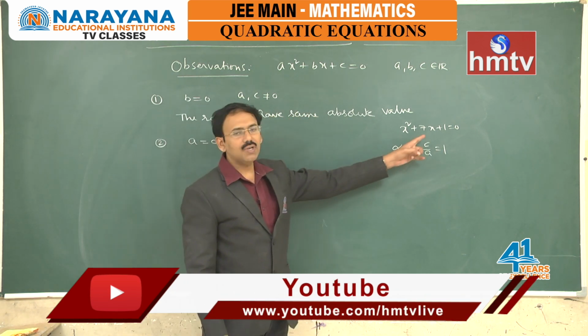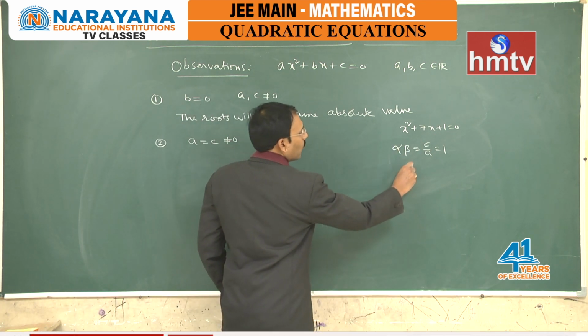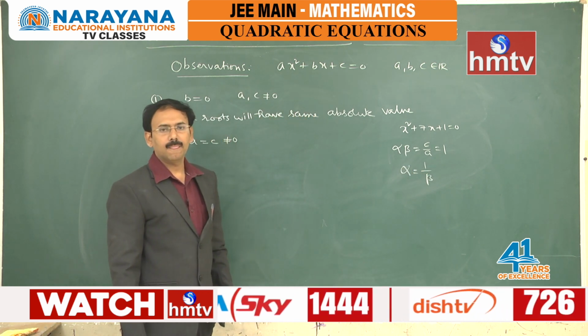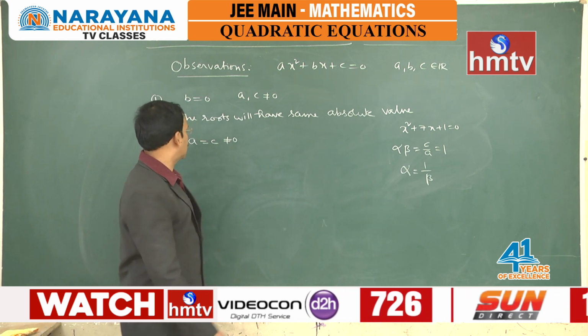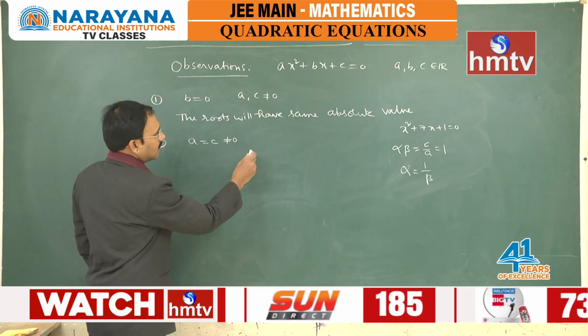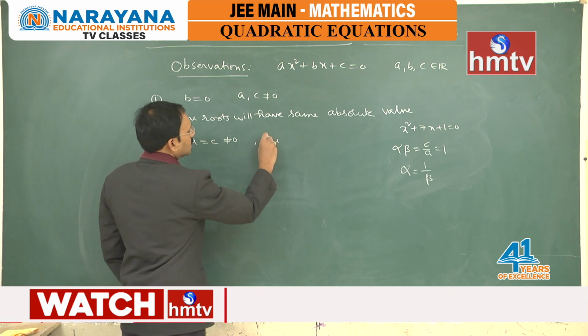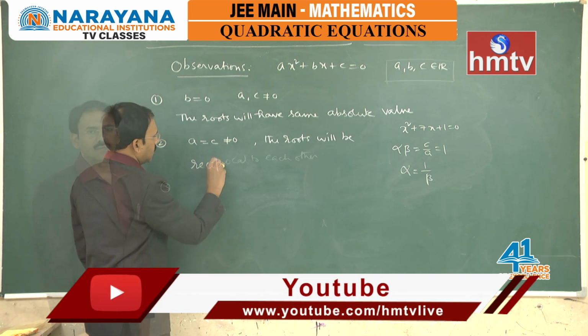Moreover, no root is 0 because c is not equal to 0. So alpha is 1 by beta. That means the roots are reciprocal to each other.